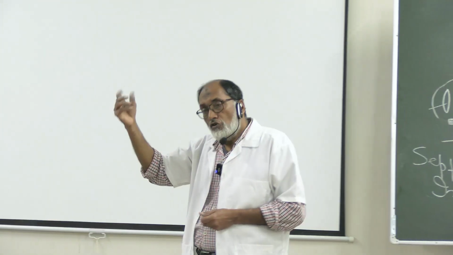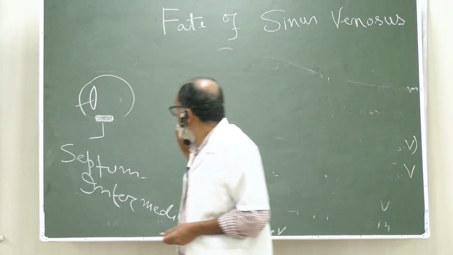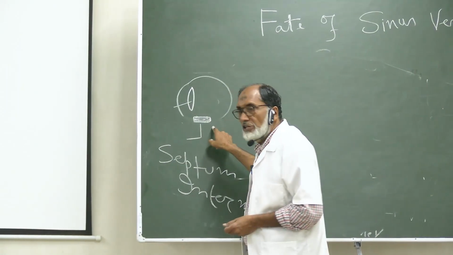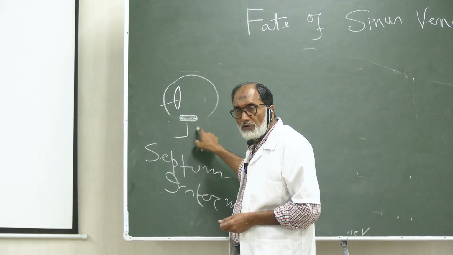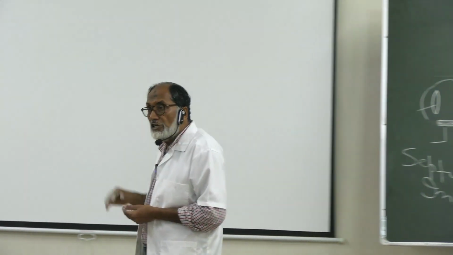This septum actually has some contribution from neural crest cells, it is very important, you note it. Within it there is some component of neural crest cells. And neural crest cells take part in the development of structures of the head and neck.